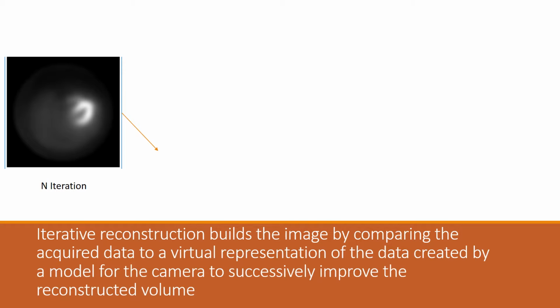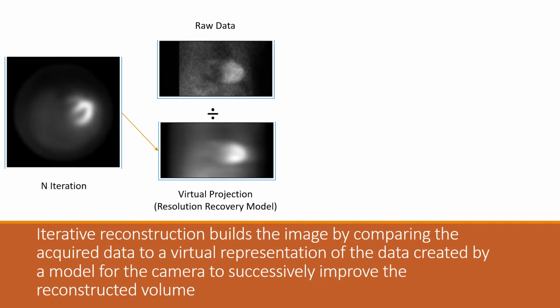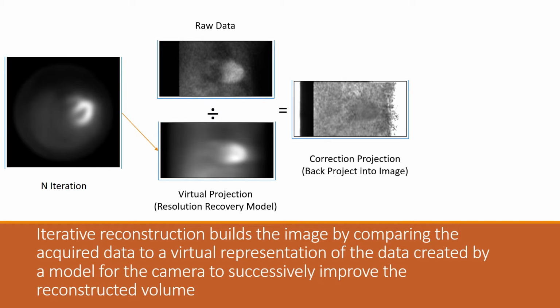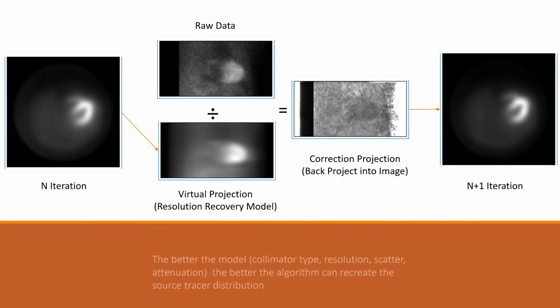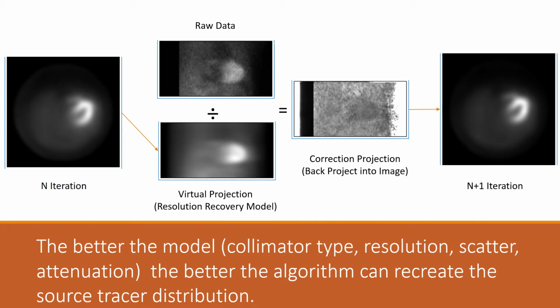If we imagine starting with the nth iteration of an image, we then use a model to create a fictitious set of rotating projection data sets. By comparing the real projections with the virtual projections, a corrections data set can be determined for improving the n+1 image. The better the model, collimator type, resolution, scatter, and attenuation, the better the algorithm can recreate the source tracer distribution.